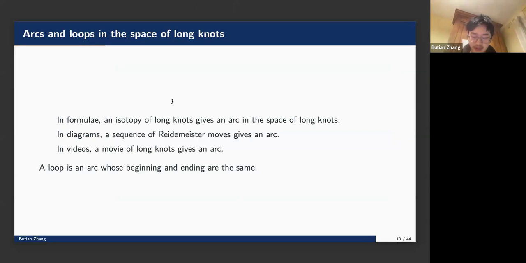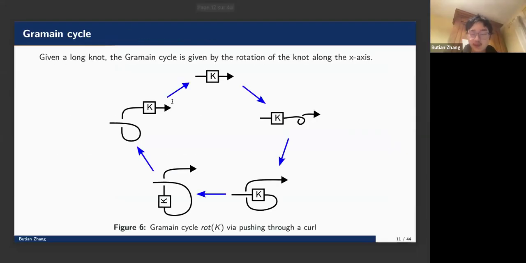Having an intuition about arcs and loops in this space, I shall show you some specific examples, classical loops in this space. The first one is called the Gramain loop or the Gramain cycle.